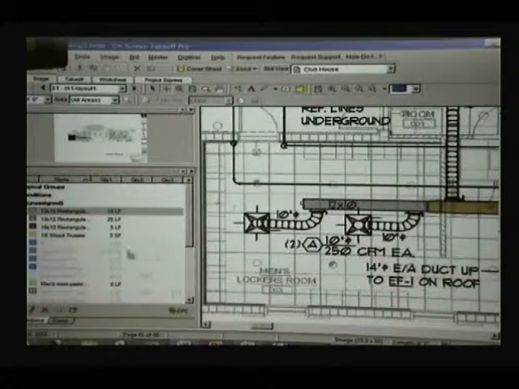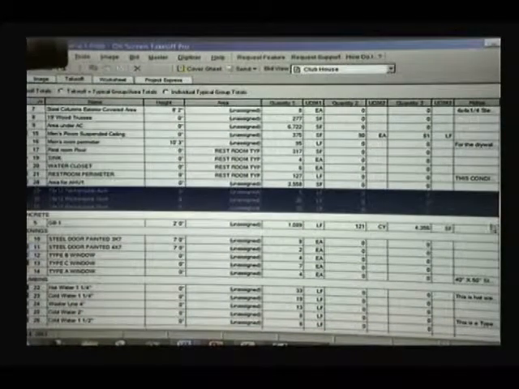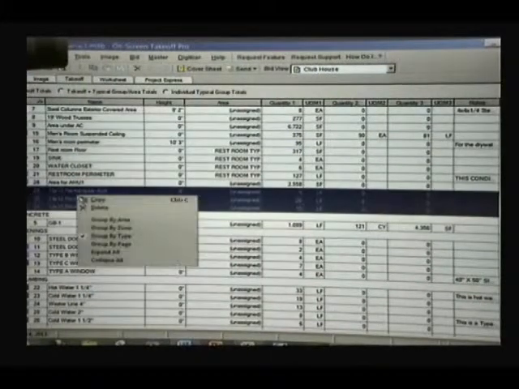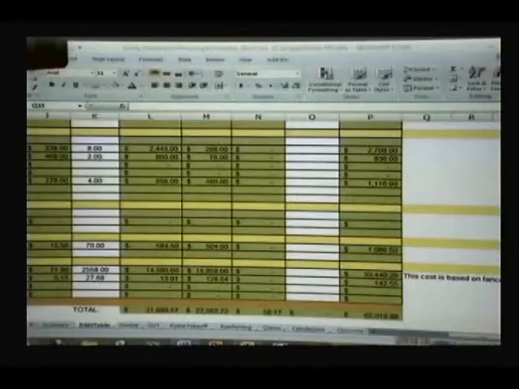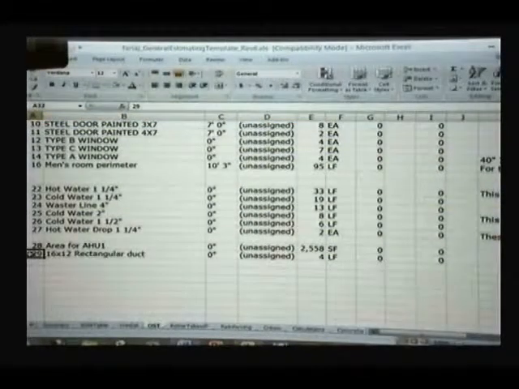Okay. So when we go to the takeoff, now we have these 16 by 12, 14 by 12, and 12 by 10. So basically what I need to do now is copy that. Actually, I'm going to copy all three again because I want to update these here.